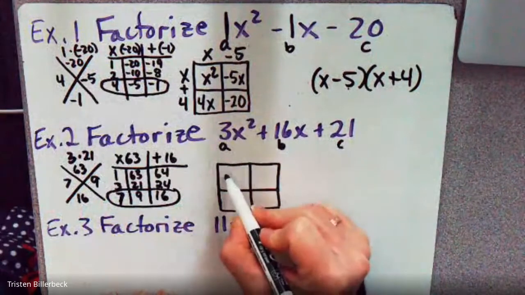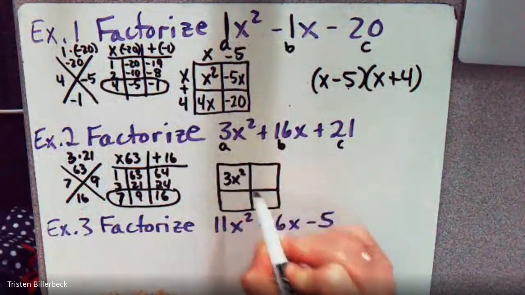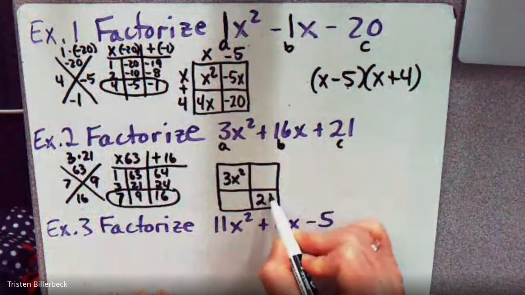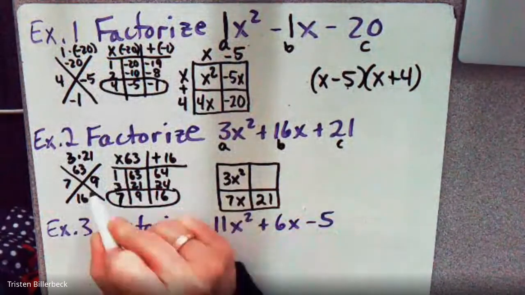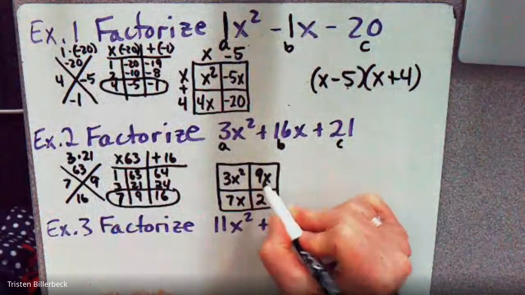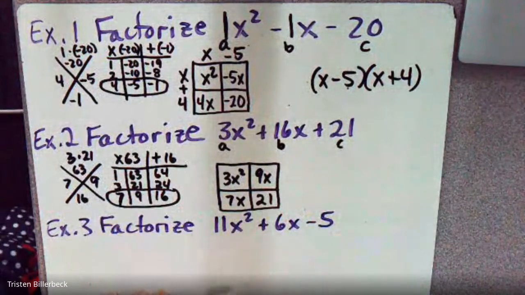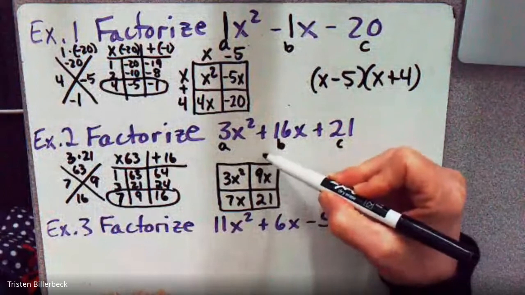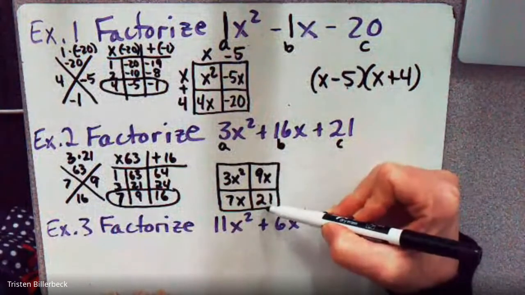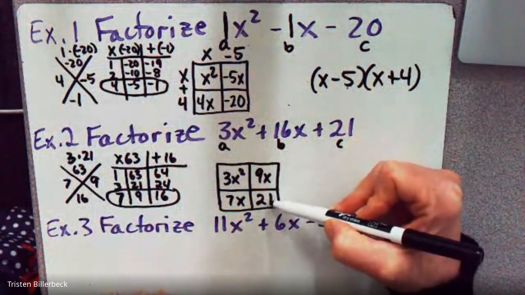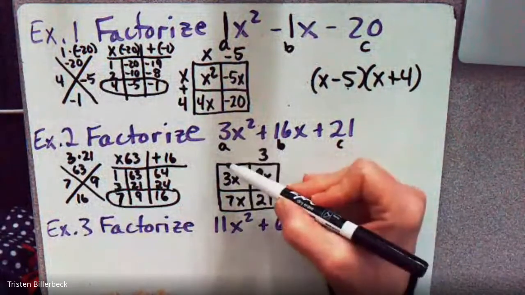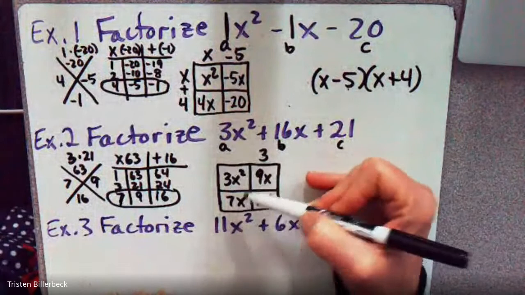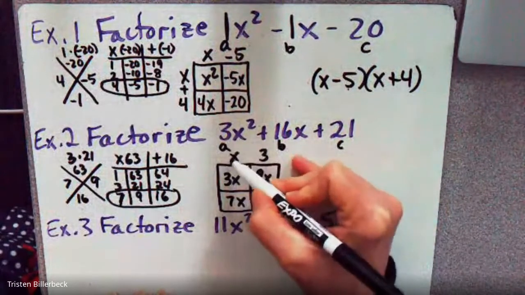So the first term is 3x squared, and then 21. Then we have 7x and 9x. Okay, so we look for our greatest common factor here. Well, 9 does not go into 21, so it's going to be 3. Our greatest common factor between 3x squared and 7x is only x.